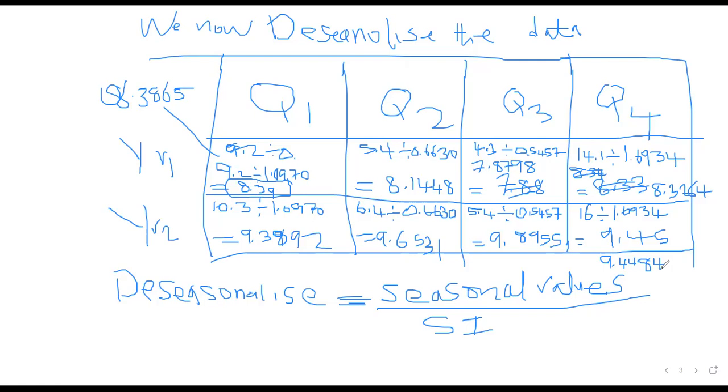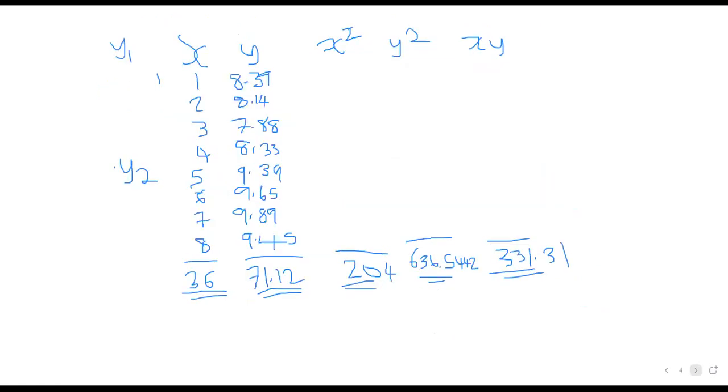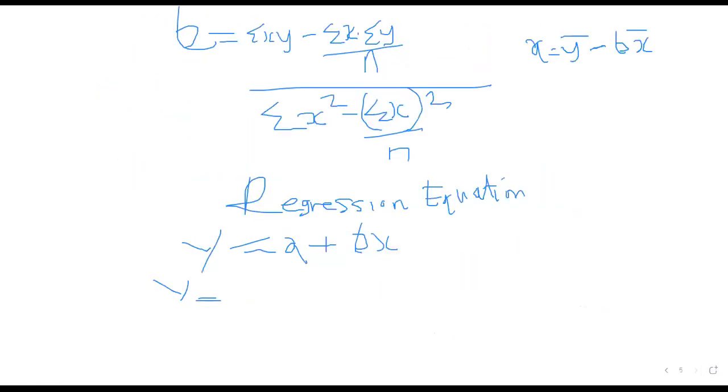So then go for that one, 9.6531, 9.8955, 9.4484. So as we get to this one, it means that our x values, we should go 1, 2, 3, 4, 5, 6, 7, 8.